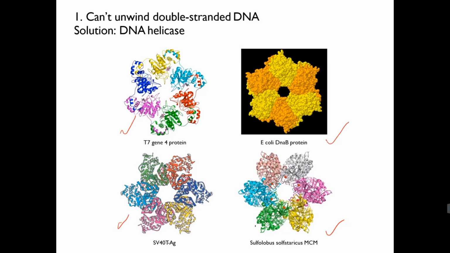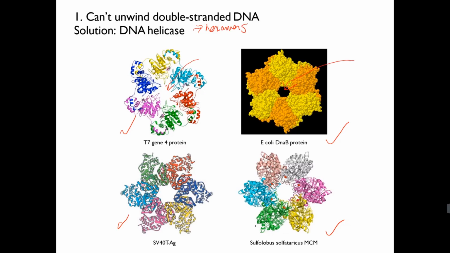What do they all have? Well, they all have 6 subunits, so they're all hexamers. What else do they have? They have a hole, right? So they're all like these donut-like structures. They are toroids.